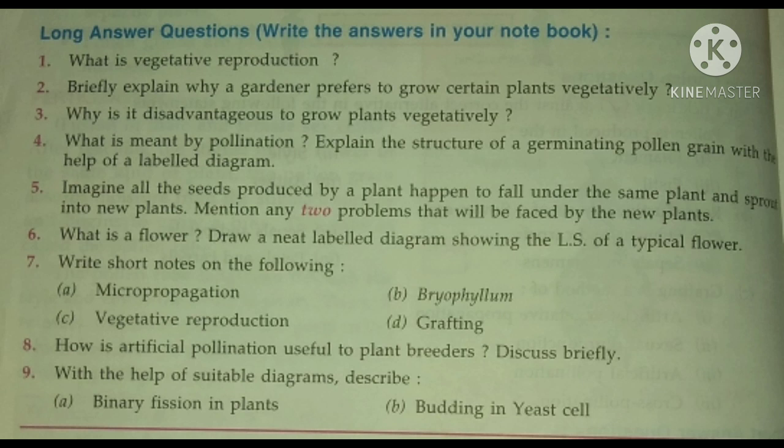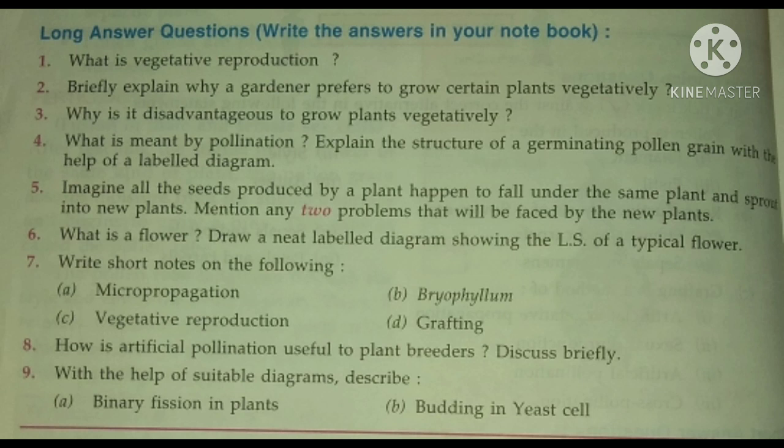The cells grow into a mass of cells called a callus. Later the callus differentiates and gives rise to a tiny plant called a plantlet. After 4 to 6 weeks, the plantlets are transferred into the soil and give rise to a new plant. Like that, you write point-wise and draw the diagram.